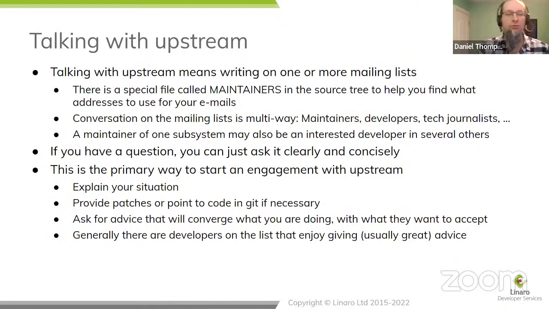But if you're explaining roughly what you're trying to solve, you're showing that you have looked at patches or code, particular lines of code that you need some help with, you can push that out. And if you need guidance on what you need to do to converge on something that Upstream is likely to accept, it's perfectly acceptable to discuss that on the mailing lists.